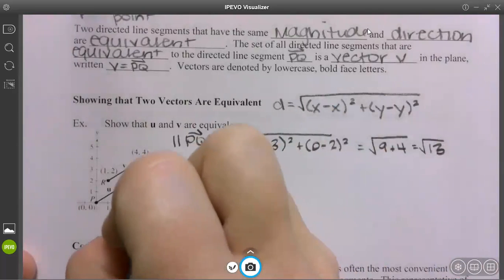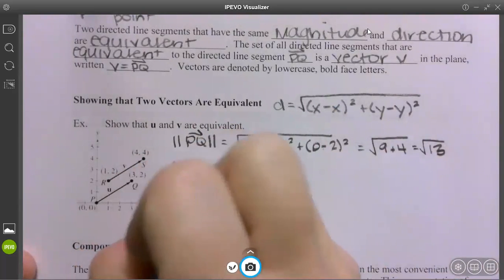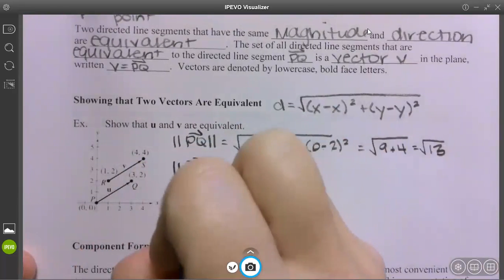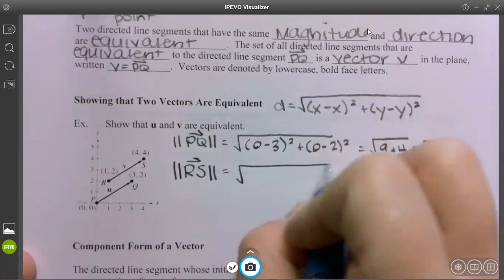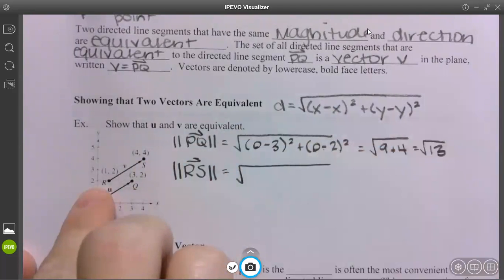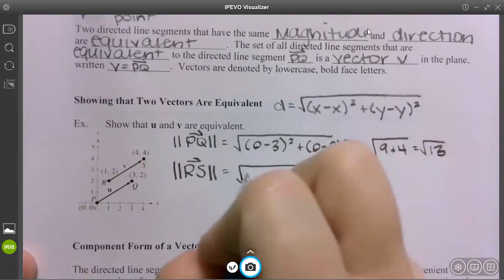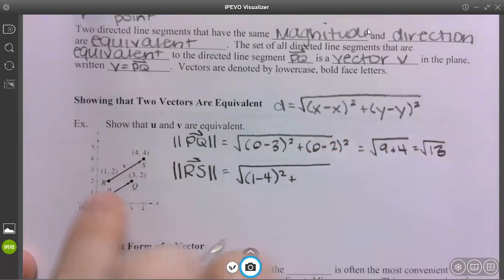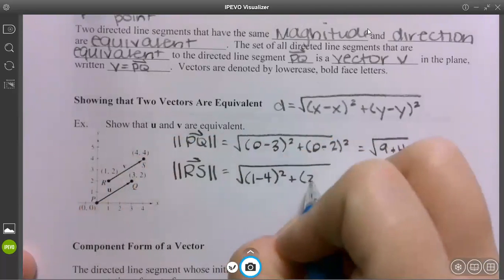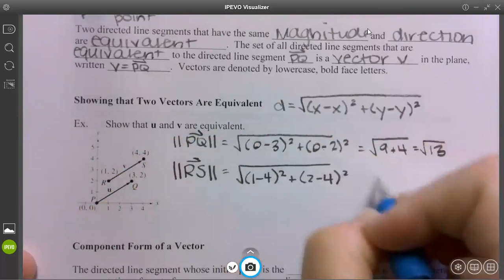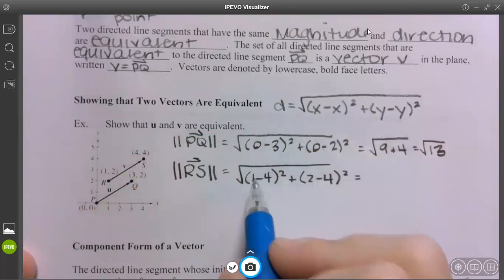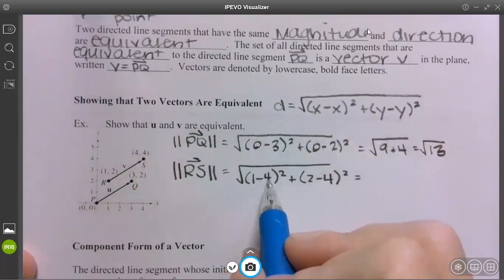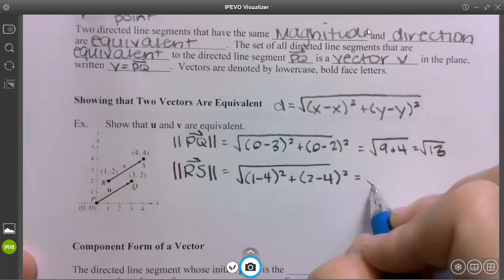Once you get RS, if it doesn't look like this and you need to simplify, then go ahead and do that. Okay. So then we're going to do RS. Same formula. Your X for R is 1 and S is 4. So 1 minus 4 squared. Plus, you have 2 and 4. 2 minus 4 squared. 1 minus 4 is negative 3, but when we square it, it's going to be positive.